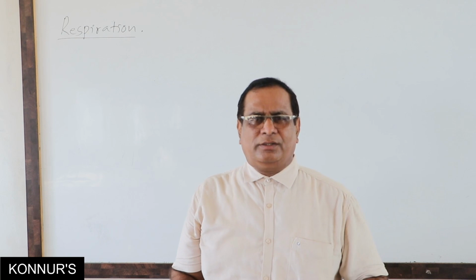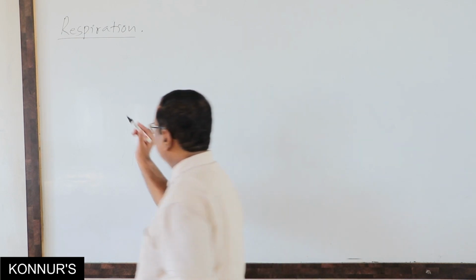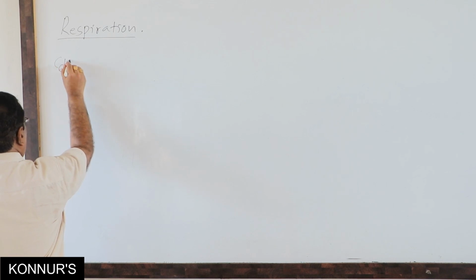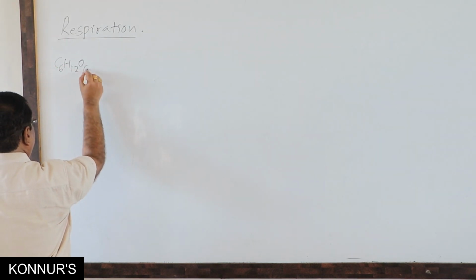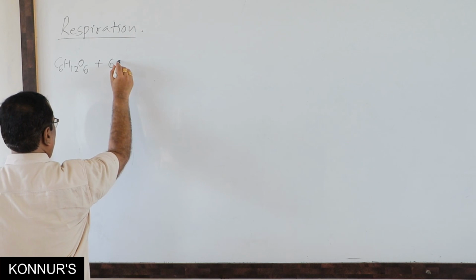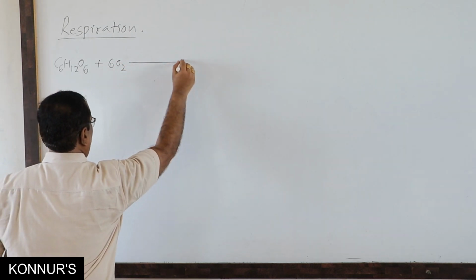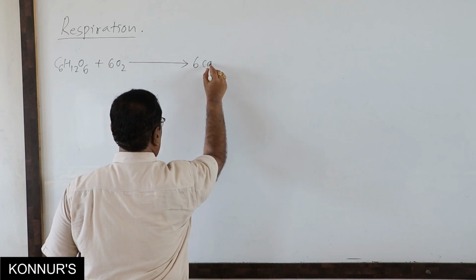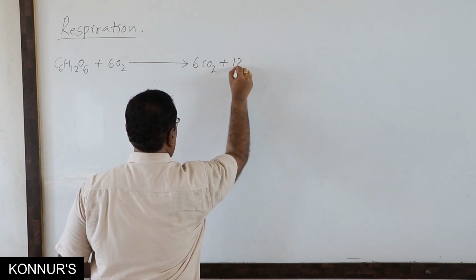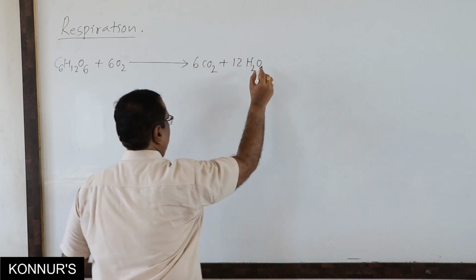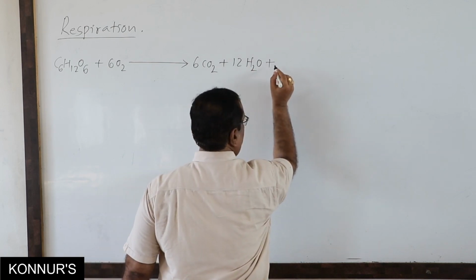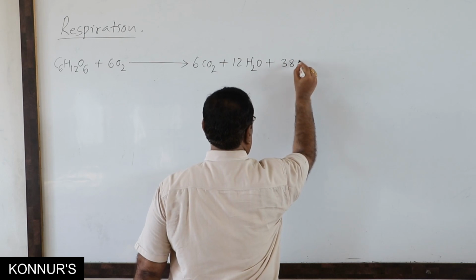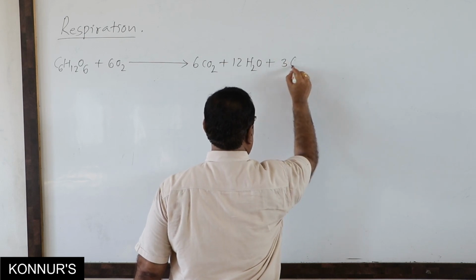An equation for respiration is C6H12O6, which is glucose, in the presence of oxygen. That glucose is split into carbon dioxide and water, with the formation of 36 ATPs of energy.